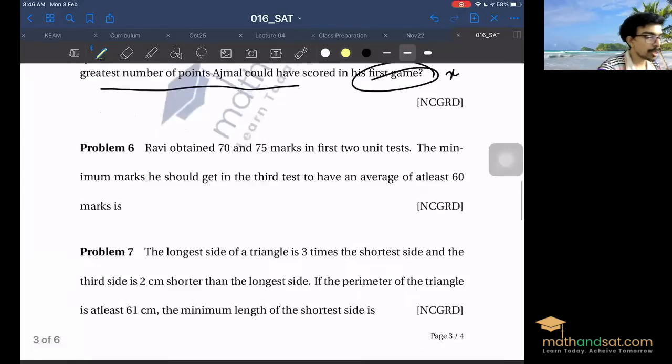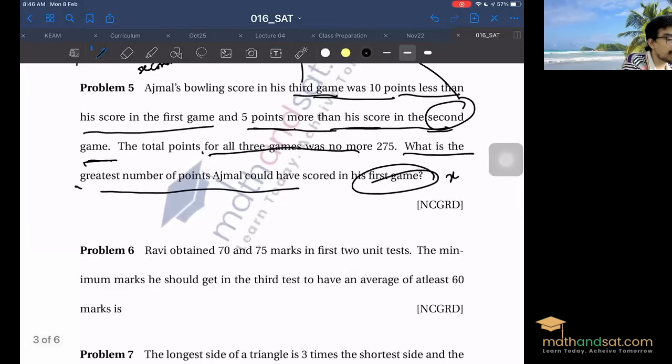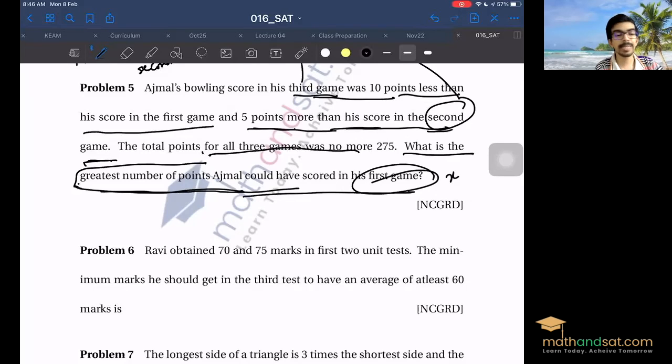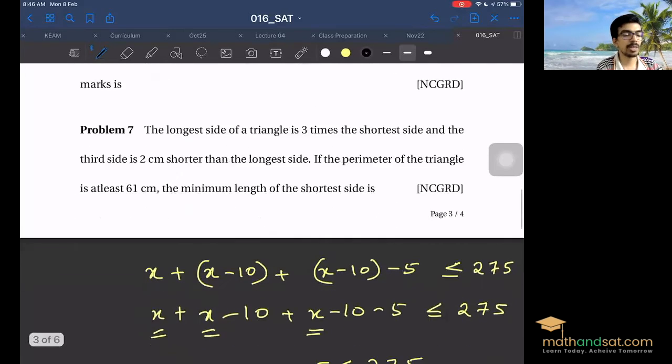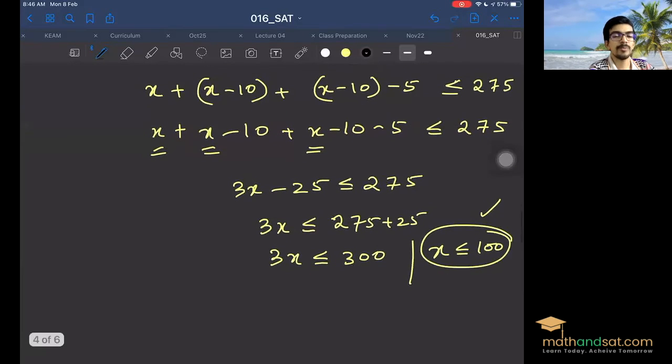So the question talks about the greatest number of points he could have scored in the first game. The greatest number. Yes. So you're looking at the maximum value of x. Of course, here we got the maximum value of x. Is this clear?